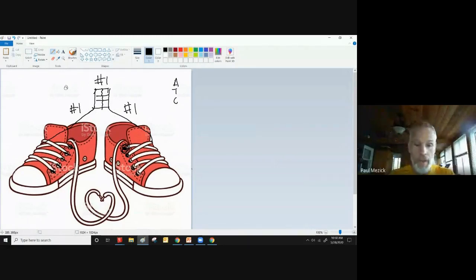When it splits, whatever's on this side is duplicated here, so that this chromosome will end up being an exact copy of this. And this, when it becomes a duplicate, will be an exact copy of this.